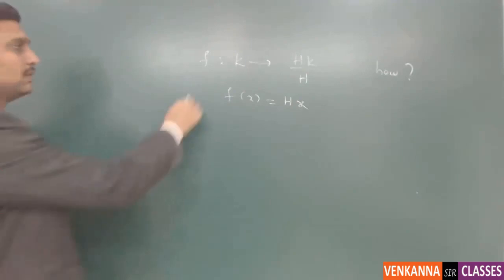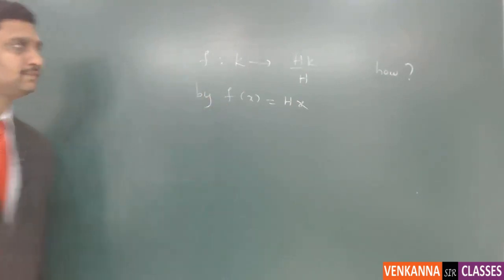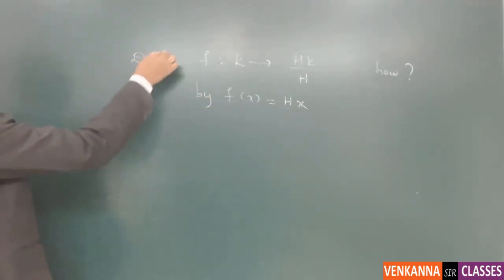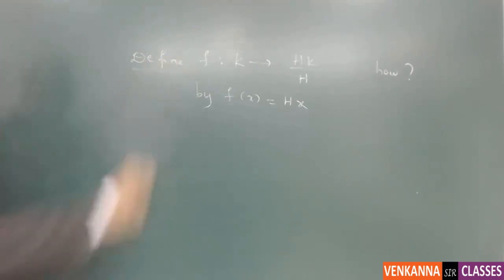This is my definition. How is it defined? The left side contains elements, the right side contains cosets. Is it clear? Yes or no?